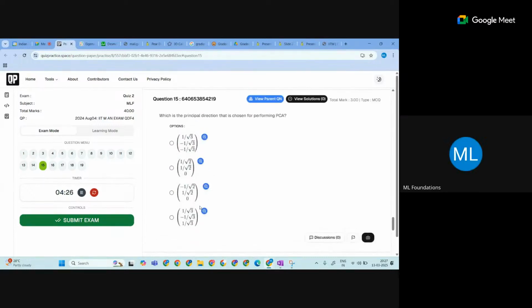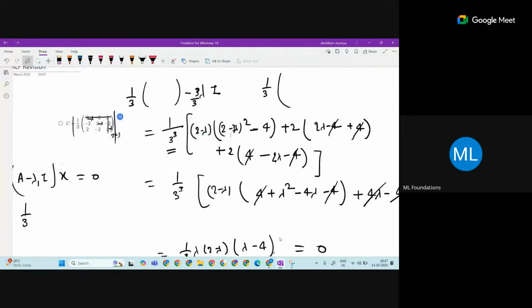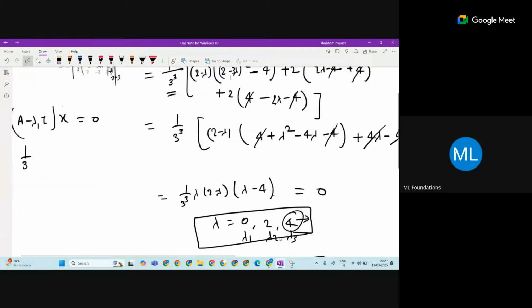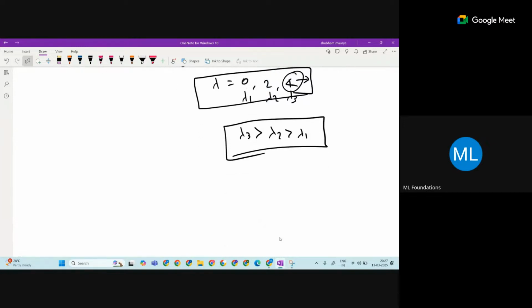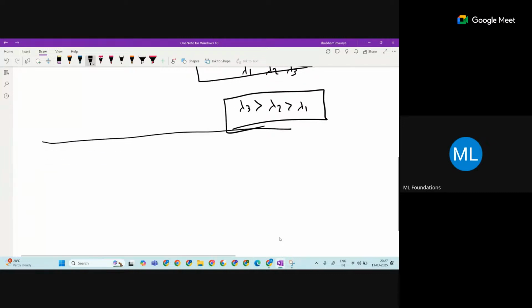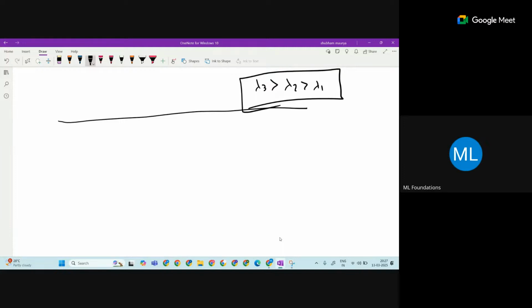If you see, PCA is just a projection. In PCA, what we used to do is the projection, but the projection is done in a different manner. The formula is different.